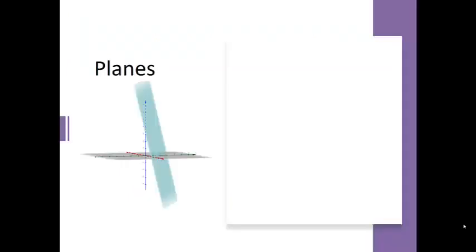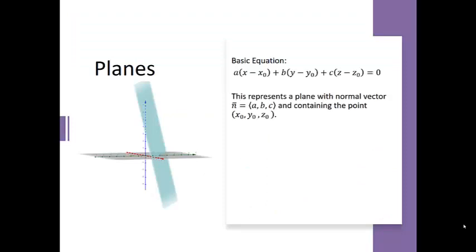All right, we're going to start with the most basic surface of all, and these are our planes. Recall from chapter 12 that the basic equation of a plane is a times (x minus x naught) plus b times (y minus y naught) plus c times (z minus z naught) equals 0. This represents a plane that has normal vector ABC and contains the point (x naught, y naught, z naught).